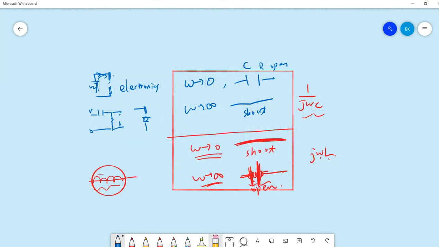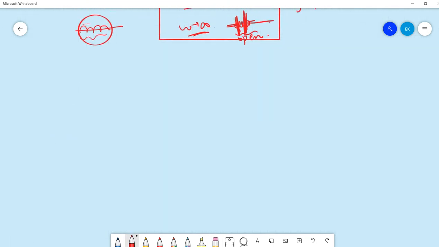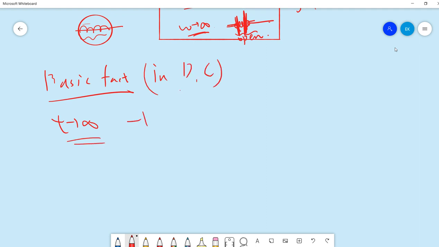Okay, let me tell you some basic facts. There are multiple ways; basically you can solve the differential equation, but since I know electronics, I will teach you how to use the electronics facts. As t goes to infinity in DC, if you have a capacitor, it will fill with charge, so the capacitor will become open.